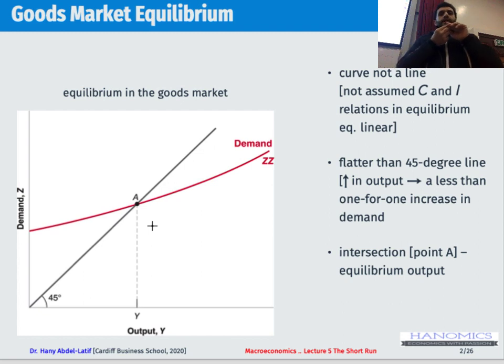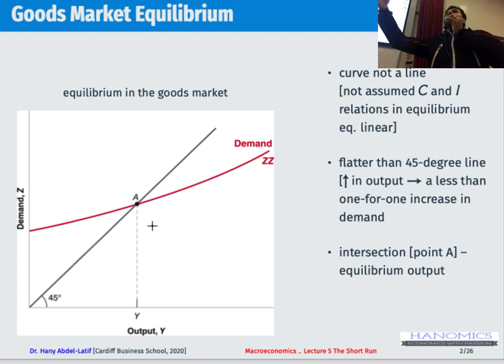Let's say the interest rate has increased. How will this affect aggregate demand? Will the aggregate demand curve shift up or down, and why? Let's think about it. How does the interest rate affect aggregate demand?